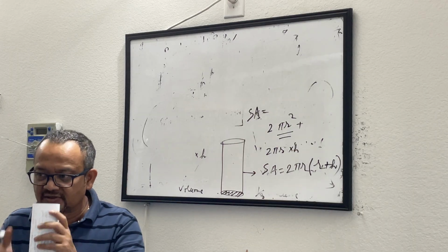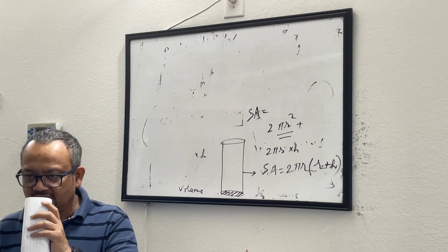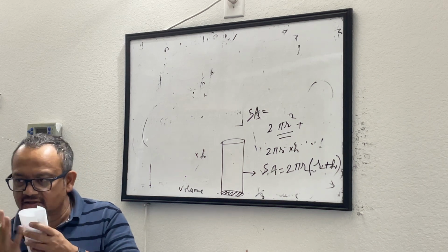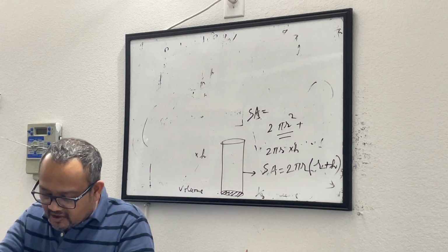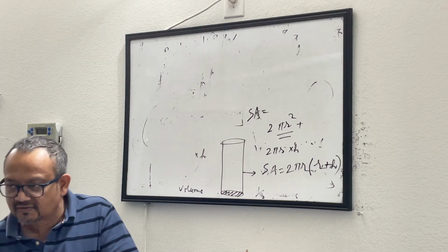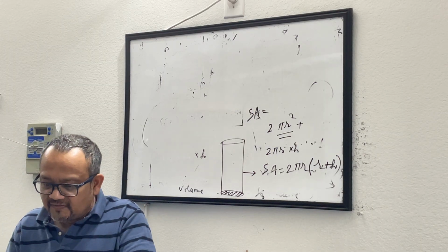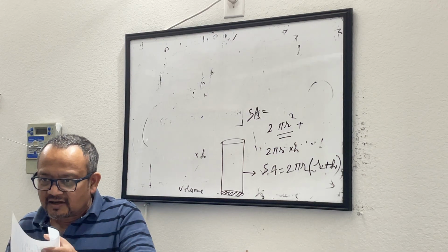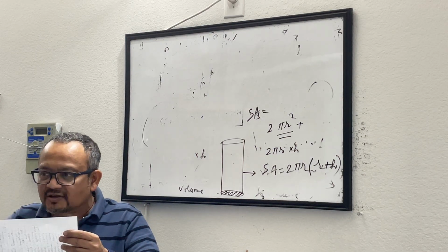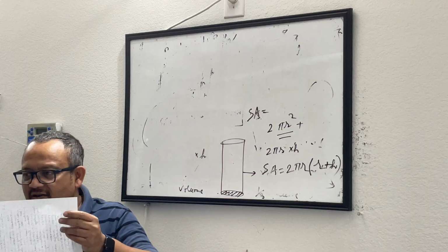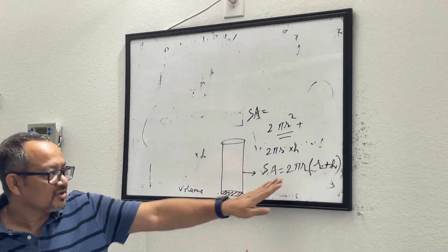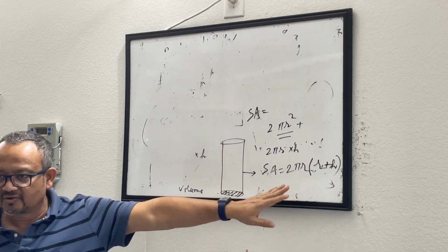These 2 are 2 surfaces, 2 pi r squared, and then you are looking at this curved surface. You said, okay, how do I get to measure the entire curved surface? This curved surface is falling along the circumference. If I cut it open along the circumference, my circumference became one side of the rectangle, and this is the height. So that's how this is 2 pi r into r plus h.